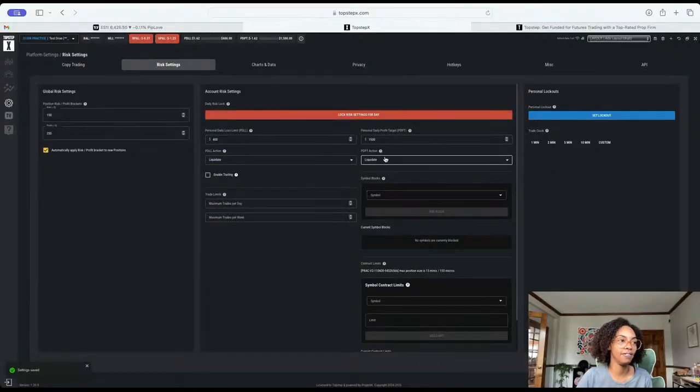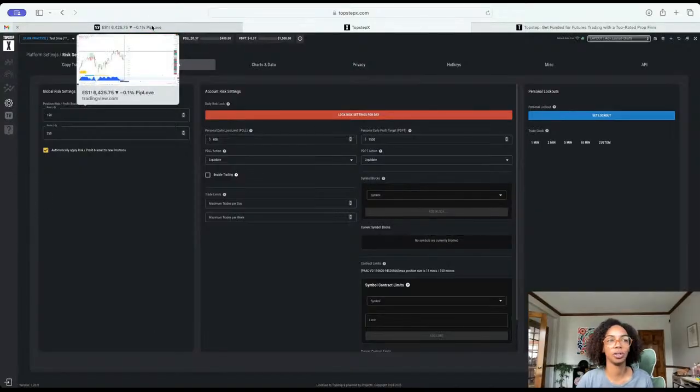I would set it to 1520, just to give it a little buffer, because sometimes I've had it where it closed out at like 1488 or 1499. So give it a little buffer there. And again, you always check your dashboard before you start any trade to let you know exactly where you stand on that day while trading.